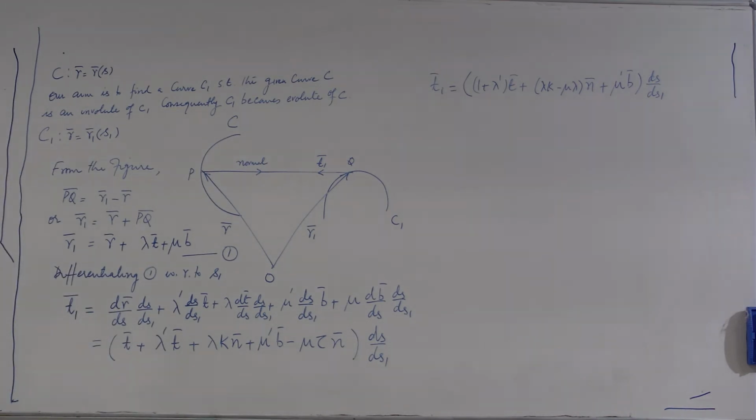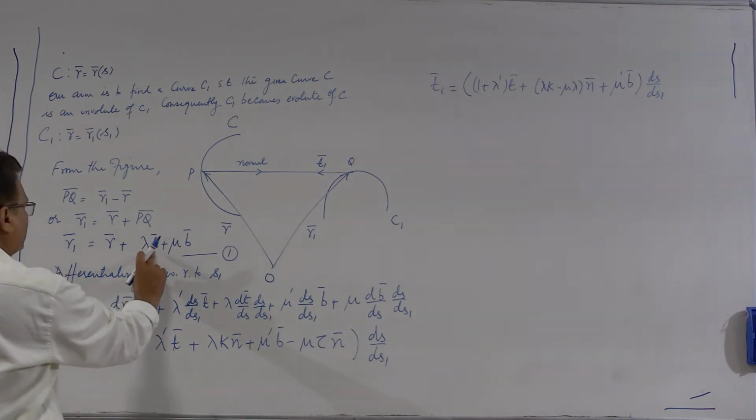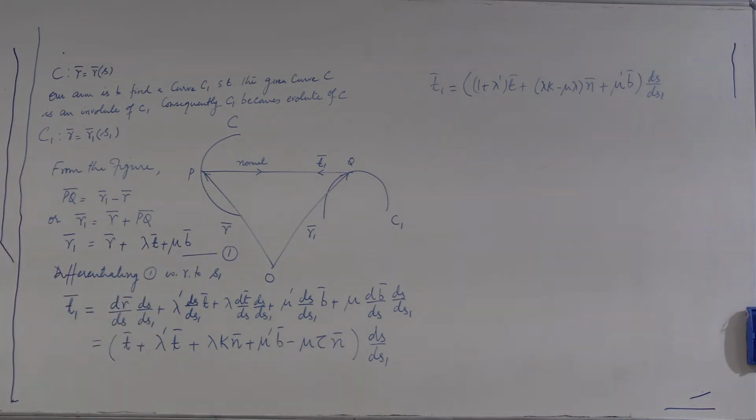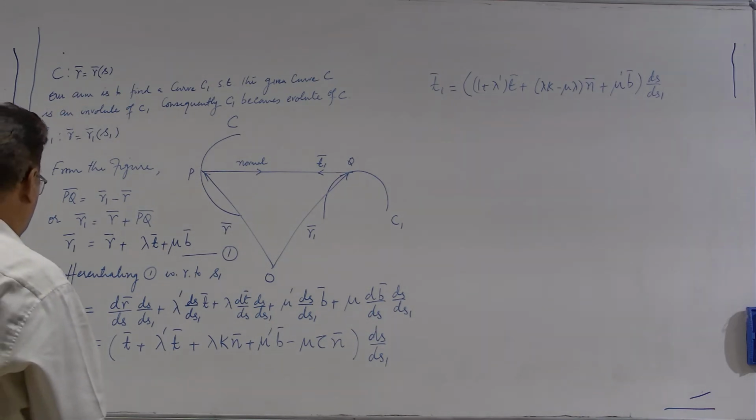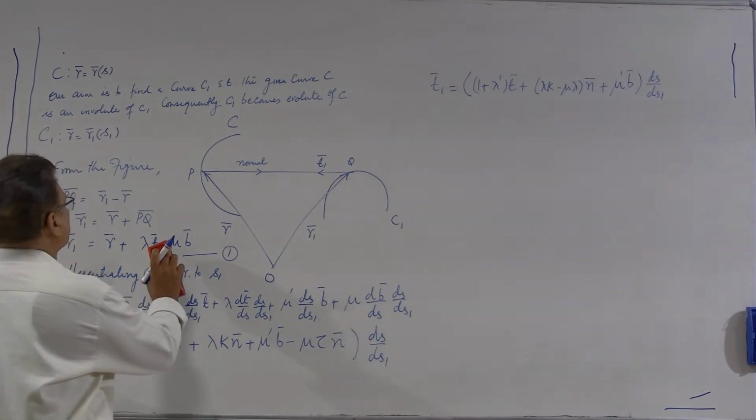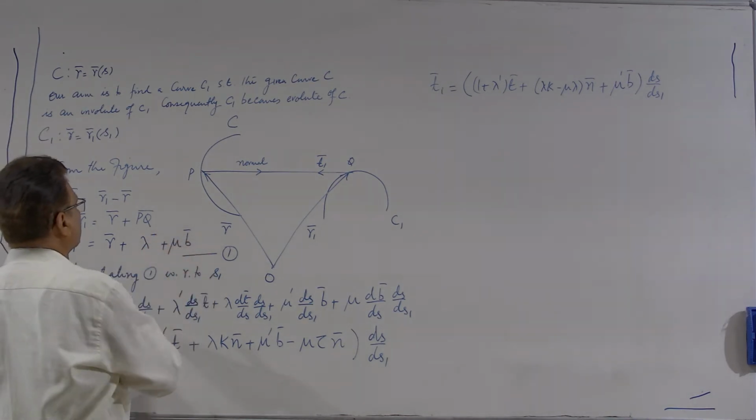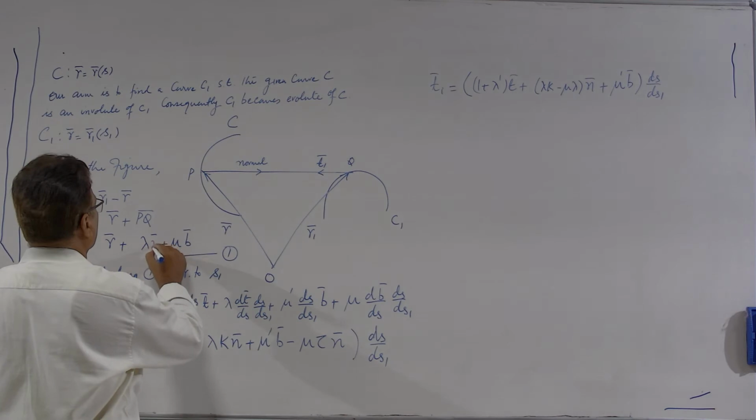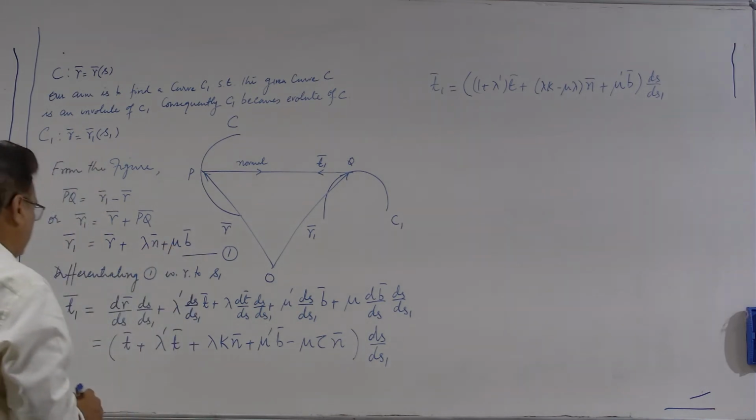Oh, this was not t, this was in fact n. I was calling it n and I wrote down this as t. So, that is the mistake here. So, I have to change it. This is not t, this is n. So, everything will change.